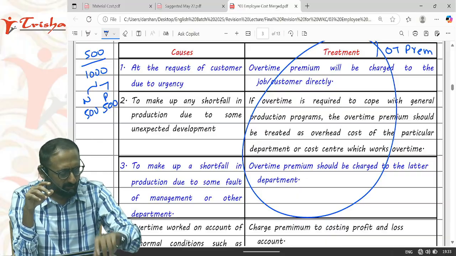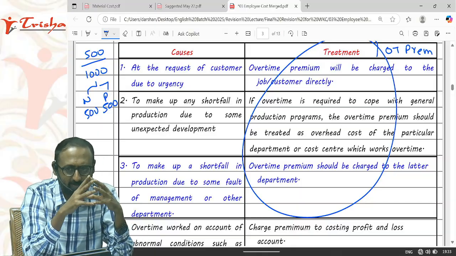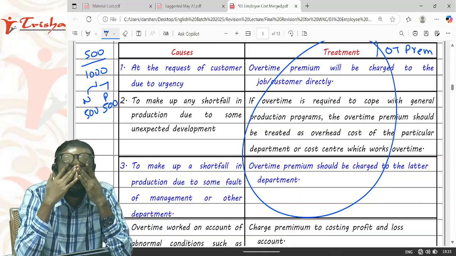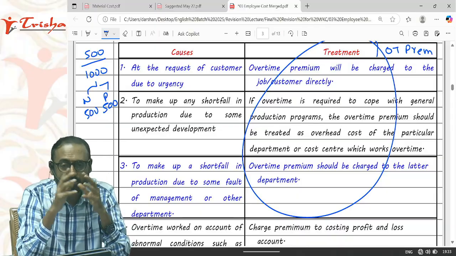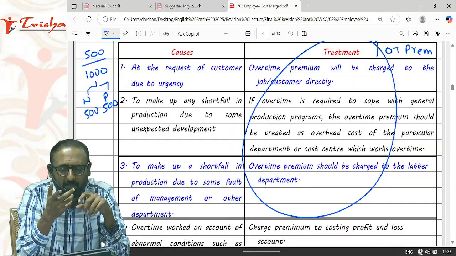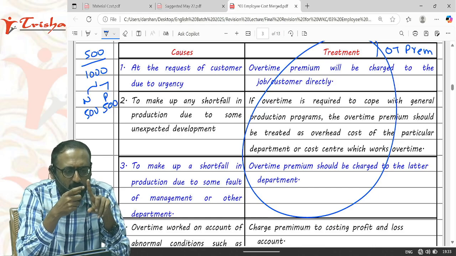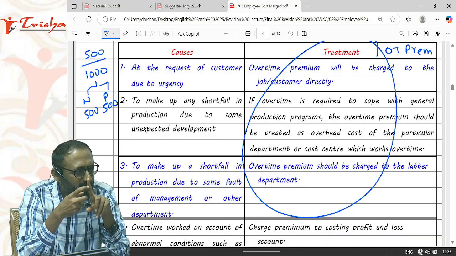So tell me five situations. Rapid fire. First, if overtime is done at the request of the customer, premium will be charged to that customer. Overtime done because of an abnormal reason, premium will be transferred to costing profit and loss account.